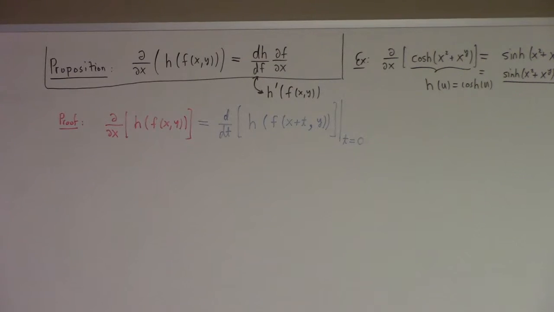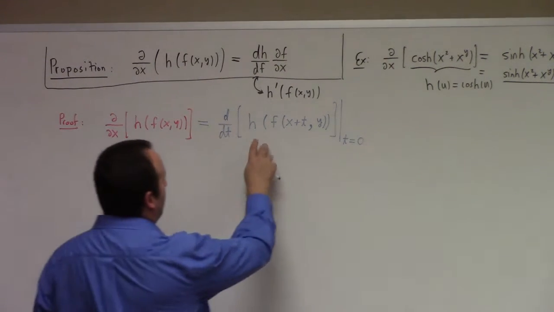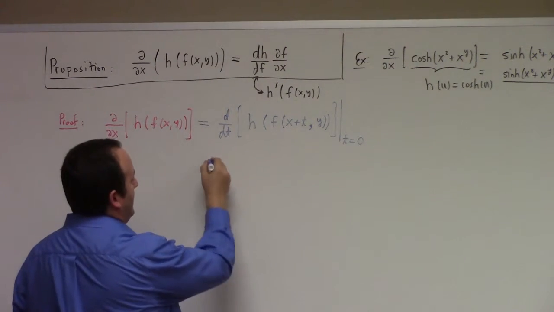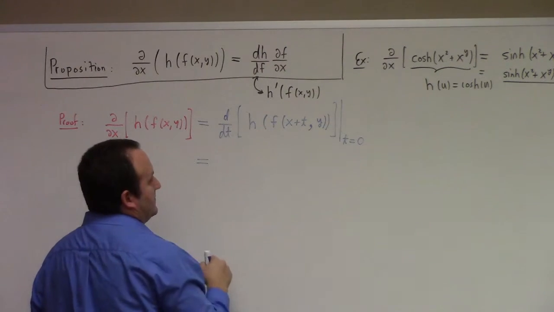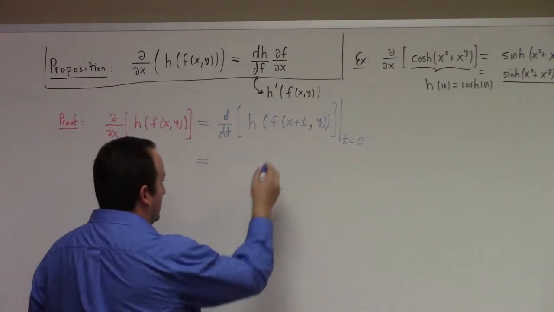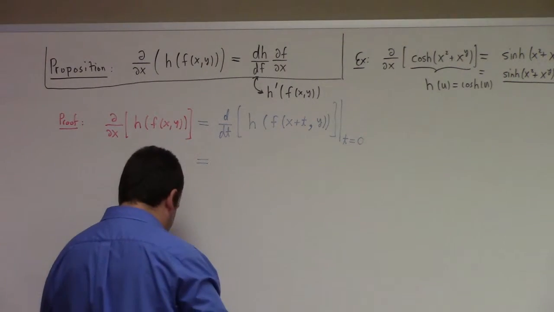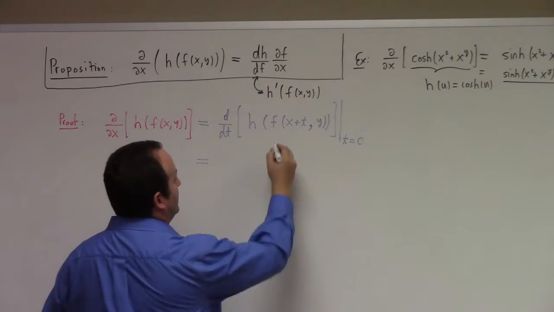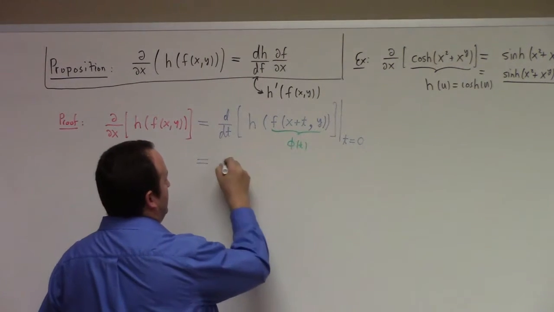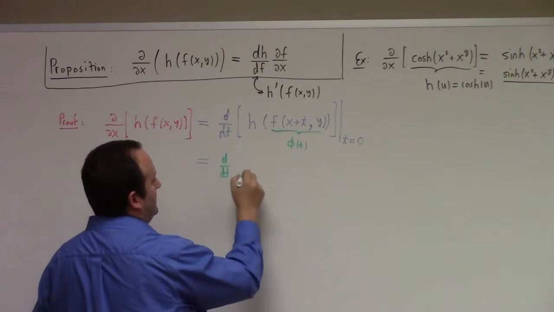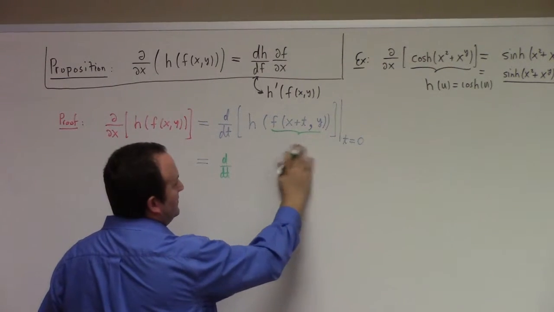So how do I calculate such a derivative? Well, this is actually h of a function, h of another function, right? I could call this thing some other name here. Let's just call this thing phi of t for a second. All right. So what you've got is d/dt, or how about even better yet, let's call it u.